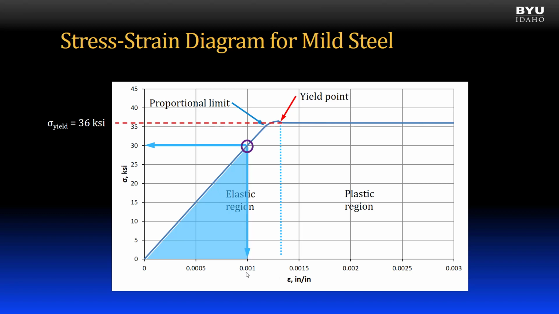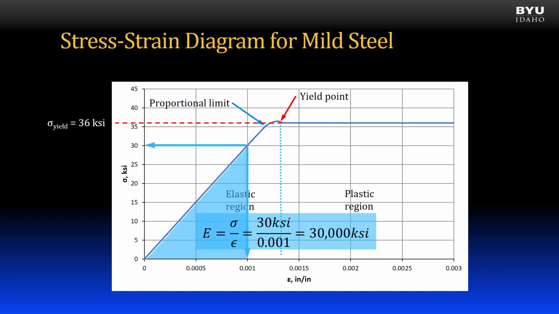The strain is equal to 0.001 inches per inch at this point. I can calculate the modulus of elasticity, which is given the symbol uppercase E, as the stress divided by the strain at the point. So 30 KSI divided by 0.001 is 30,000 KSI.